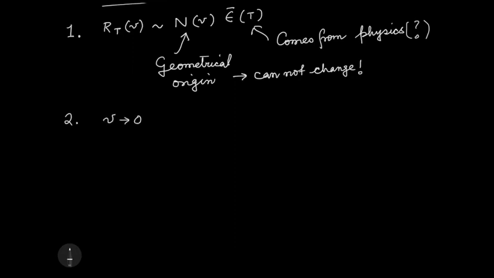The second observation we have just discussed: as nu tends to 0, average epsilon is supposed to be kT because Rayleigh-Jeans works there, and Rayleigh-Jeans tells you average epsilon is kT.